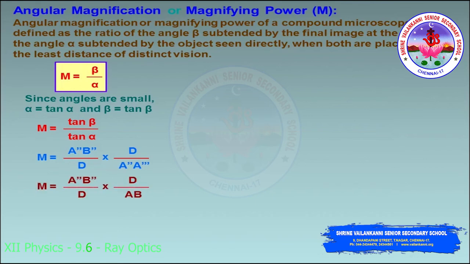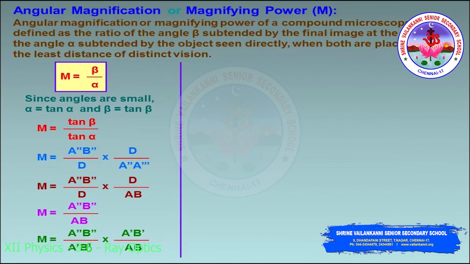So we get m equal to A''B'' by D into D by, taking A'' A''' as equivalent to the value of AB. By simplifying, we get A''B'' by AB. Then we need to multiply, as we did for the image formed at infinity. So m is equal to me into mo. We have to get the me and mo values.